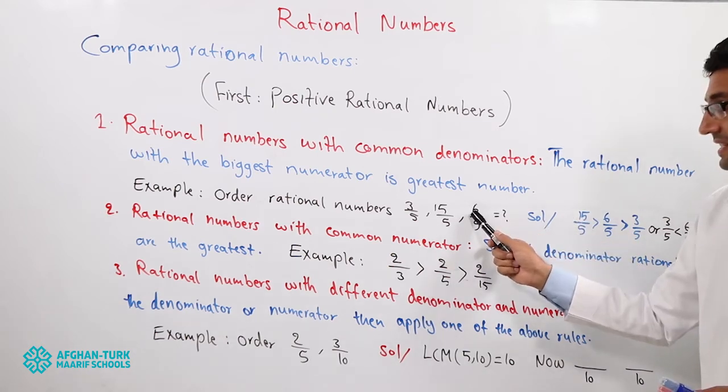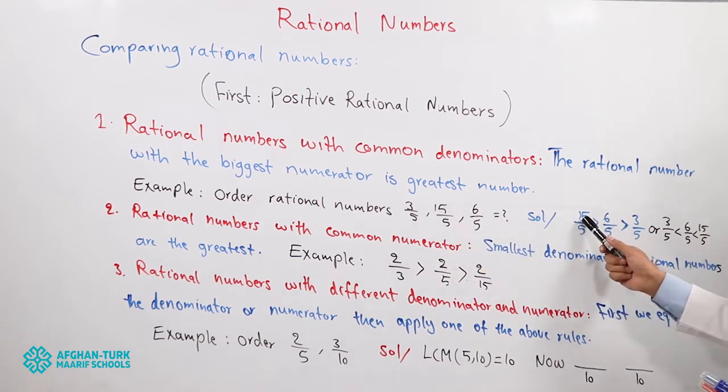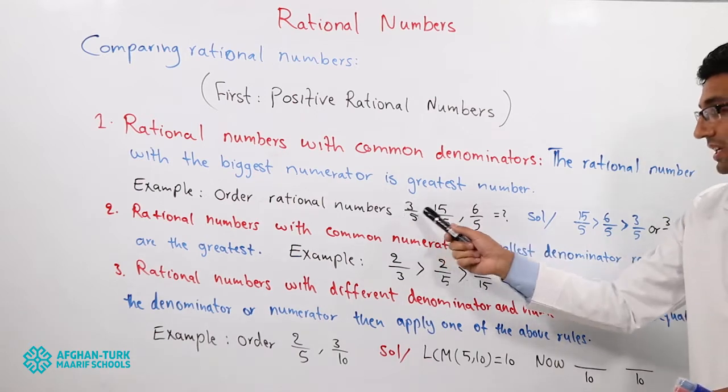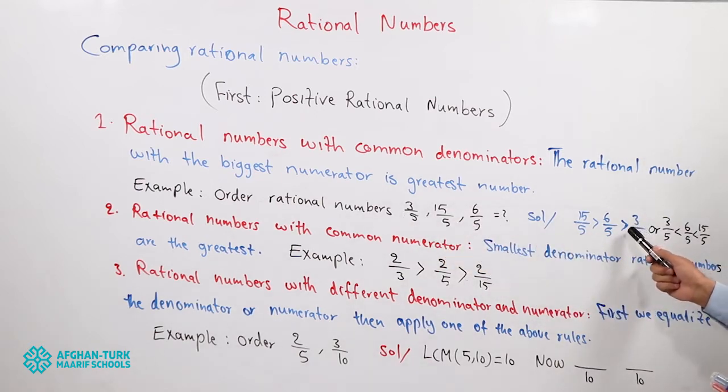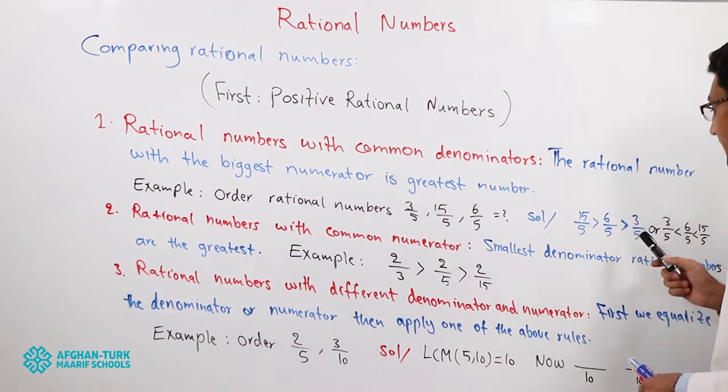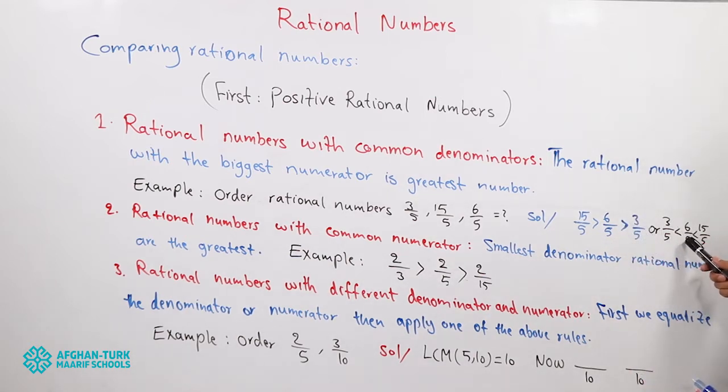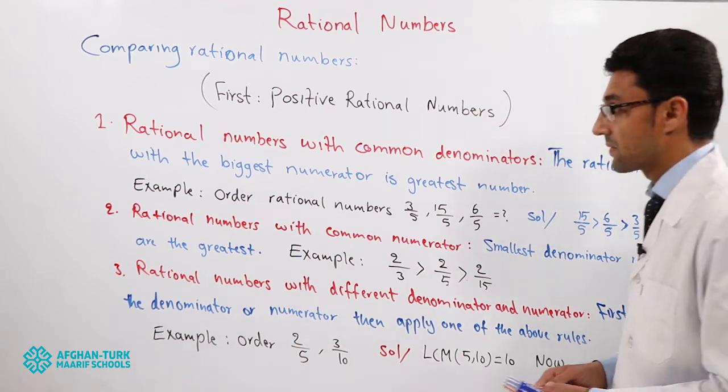After that, 6. After that, 3 is the smallest. It means that 15 over 5 is greater than 6 over 5, greater than 3 over 5. Or we can write in reverse: 3 over 5 is less than 6 over 5, less than 15 over 5.